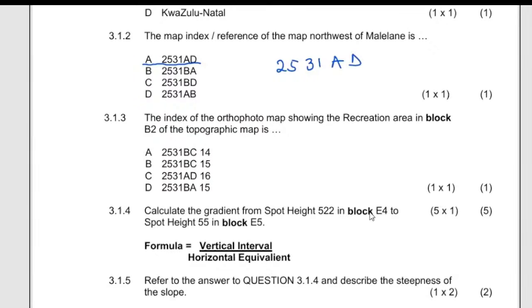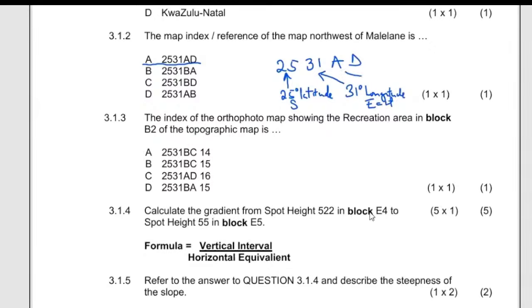So it means this map is along the 25 degrees line of latitude. And in this instance, for South Africa, we are to the south of the equator. And our 31 means this map is in the block of 31 degrees longitude. And our direction is always to the east of the prime meridian.